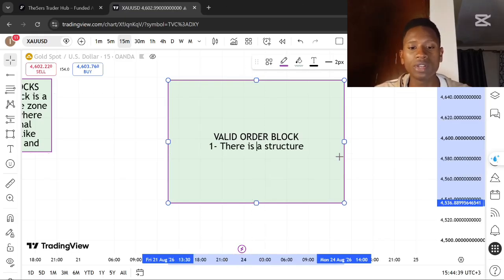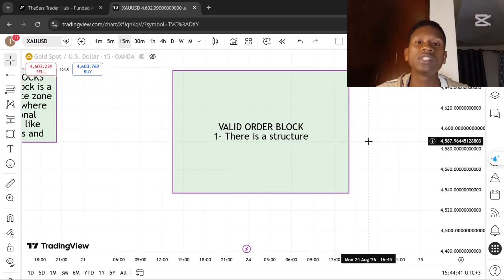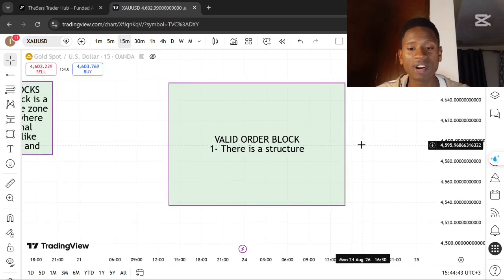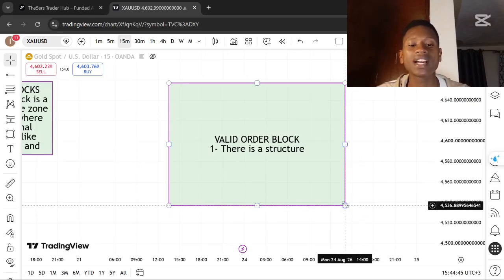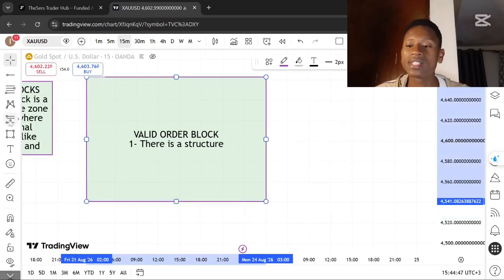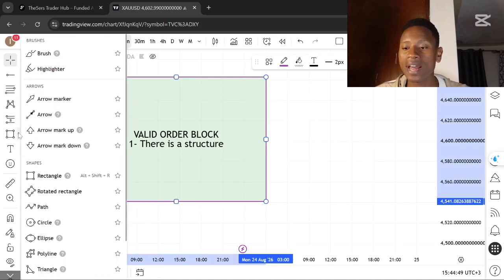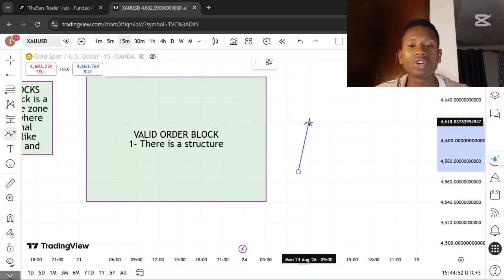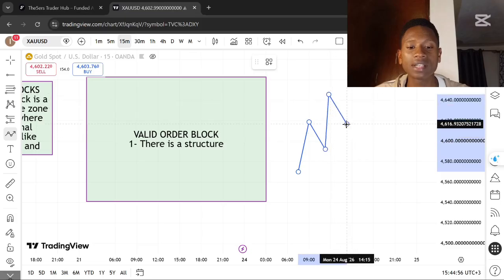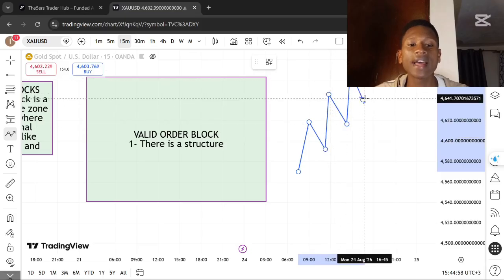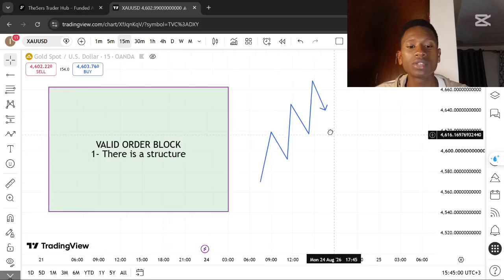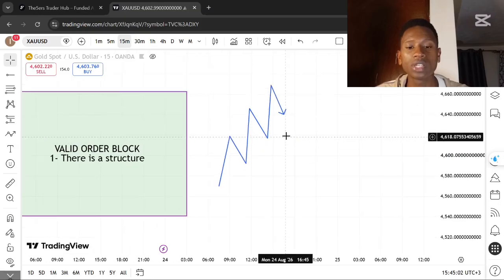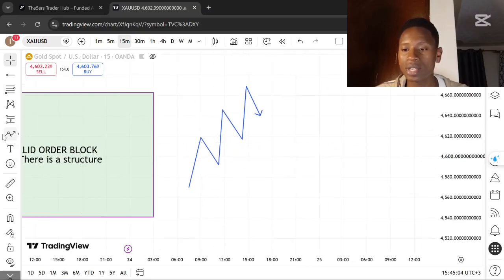The first confluence you're supposed to use to know that an order block is valid is that there has to be a market structure. What does that mean? I'm going to explain it briefly. For example, we have something like this: the market is creating higher highs and higher lows. This is what we call a bullish market structure.